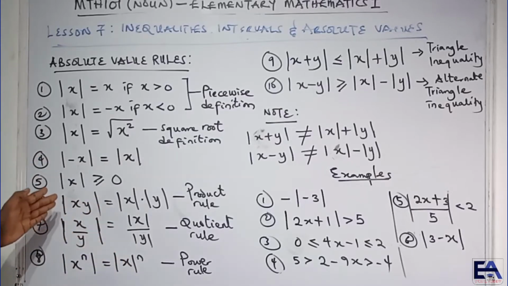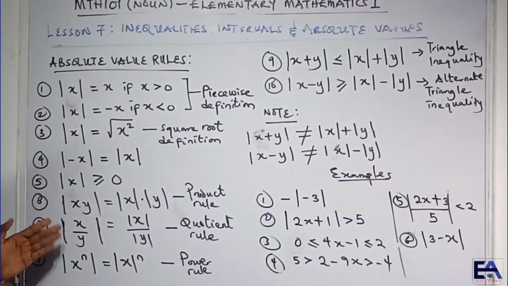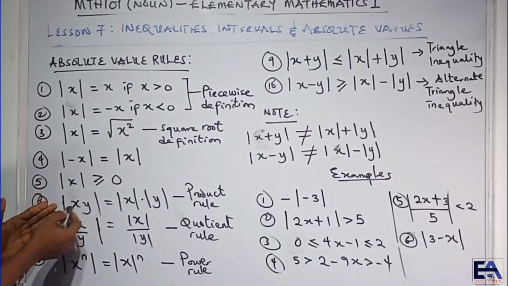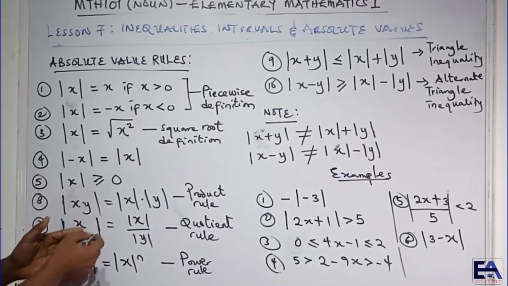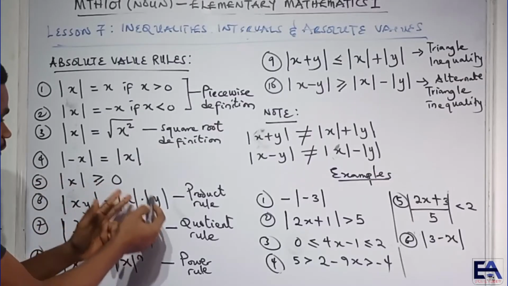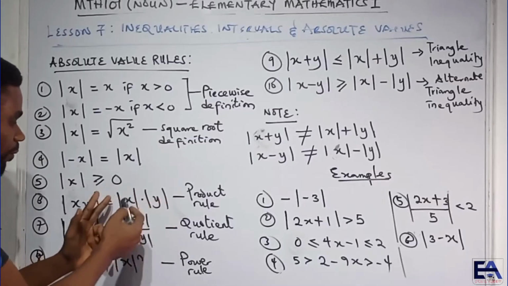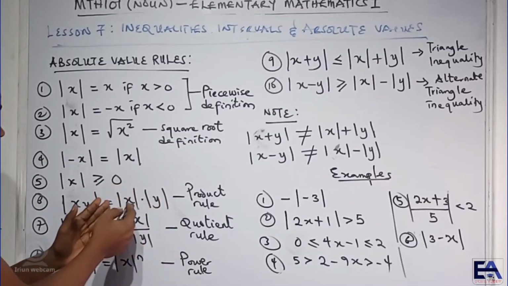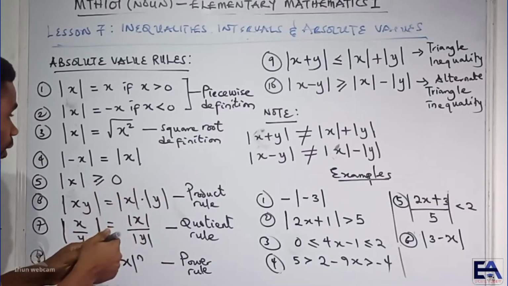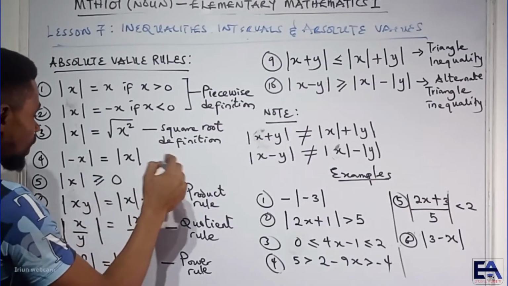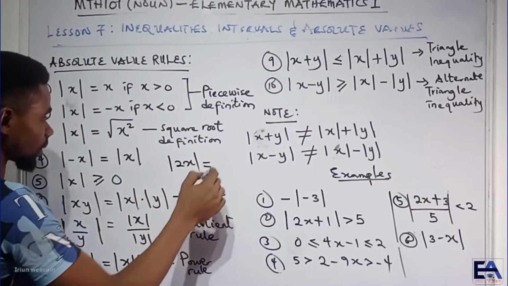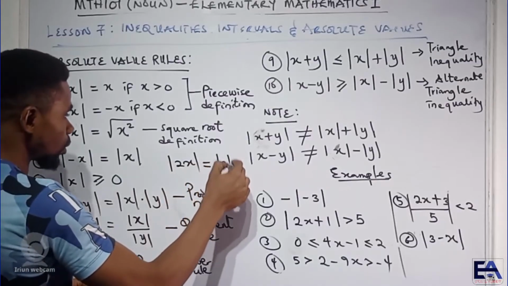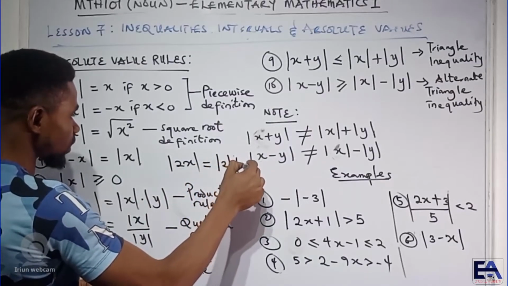The other one here tells us that when two numbers multiply, the absolute value of the product of two numbers is the same thing as the product of the absolute values of the individual numbers. So the absolute value of 2x is the same as the absolute value of 2 multiplied by the absolute value of x.